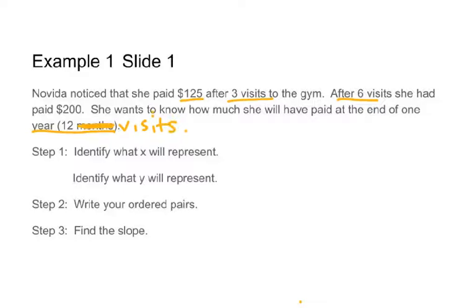So we're going to identify what our X is going to represent, and I'm going to let that represent visits. How many visits she did. Then I'm going to identify what the Y represents, which would be the amount paid.